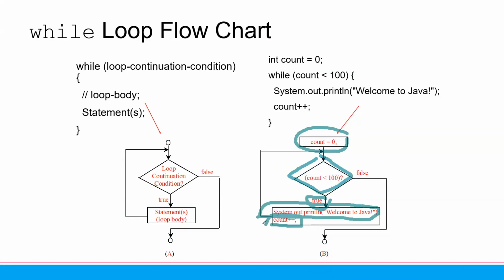After count plus plus, I go back to the condition and check again. If it is still less than 100, it will keep looping until the condition is false, then finish.